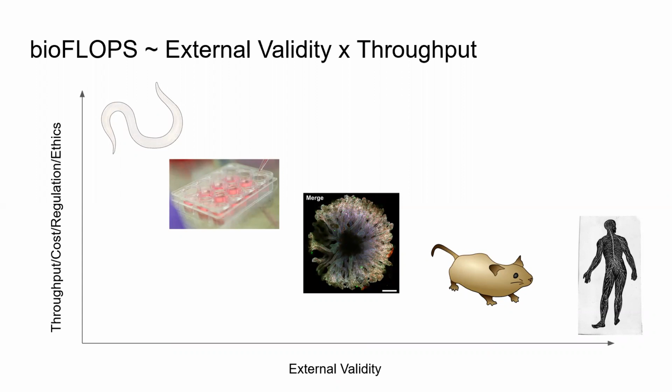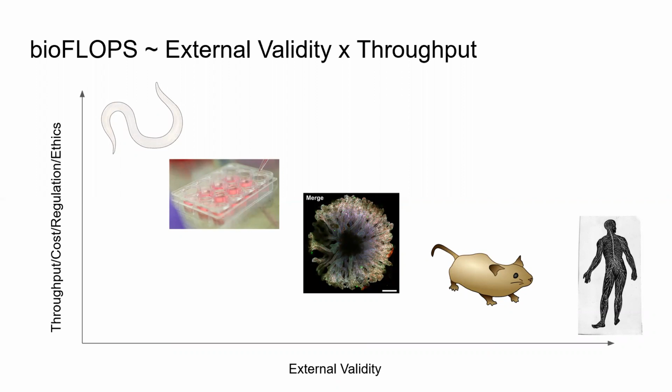And so here you have a frontier of model systems where there's a trade-off between external validity onto humans, i.e. how well the model translates to humans, which is ultimately the system we're trying to target in biomedicine, versus the throughput cost or ethics or the regulatory hurdles associated with that model system. So in the top left, you have C. elegans, a very common model system.